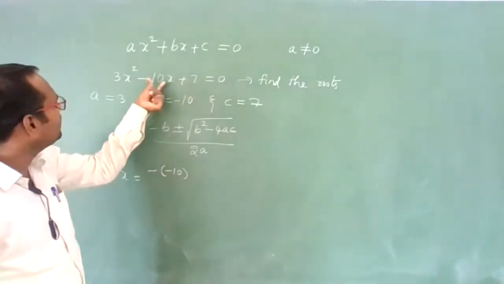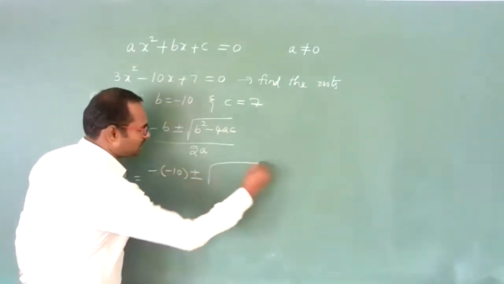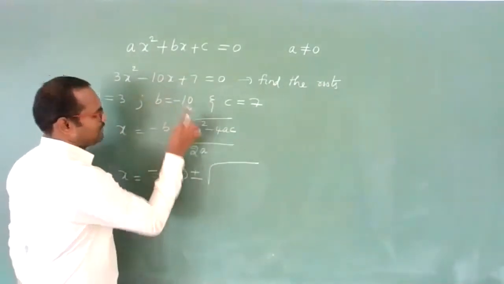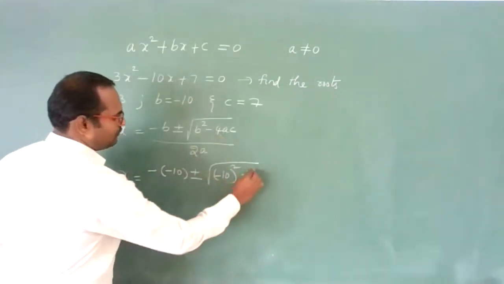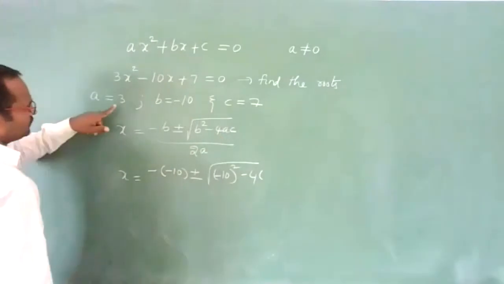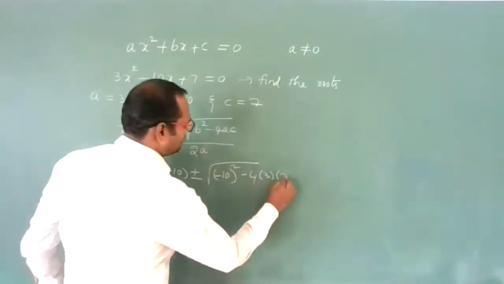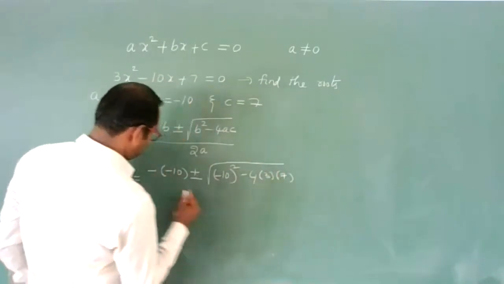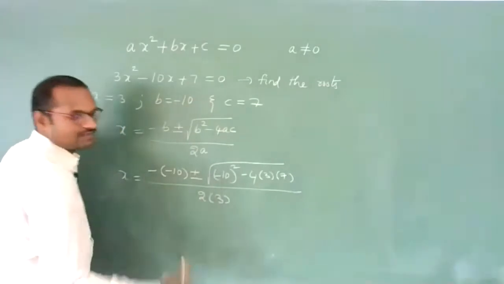So minus of b value -10, plus or minus under root of b square, b value -10 whole square, minus 4 into a value 3 into c value 7, divided by 2 times a value, which is 3.